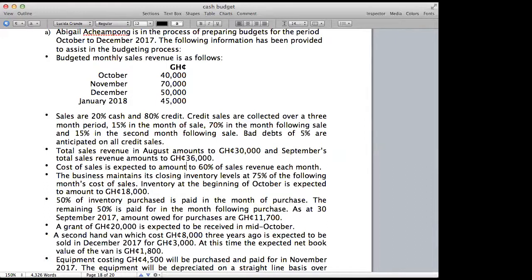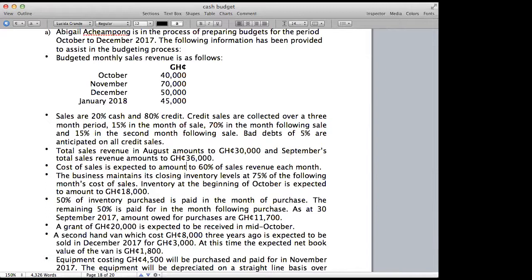Now credit sales are collected over a 3-month period: 15% in the month of sale, 70% in the month following sale, and 15% in the second month following sale.